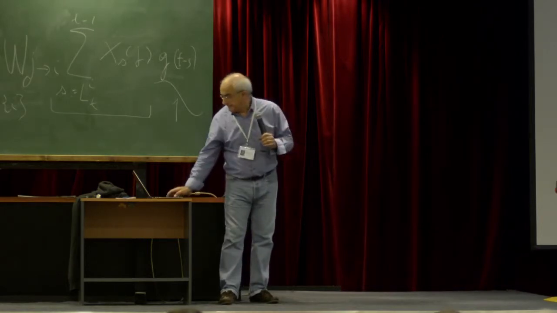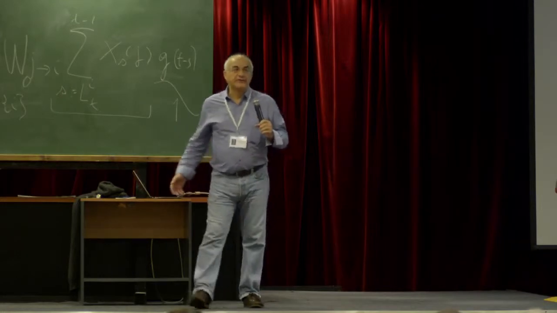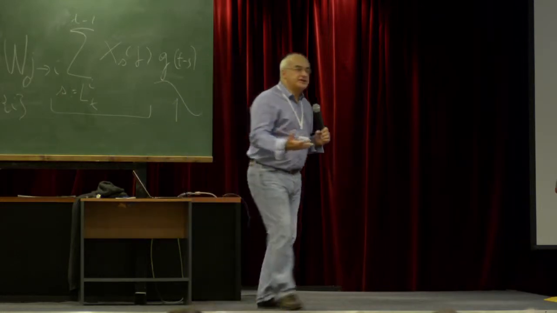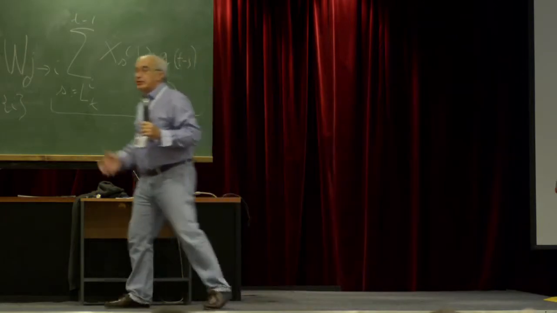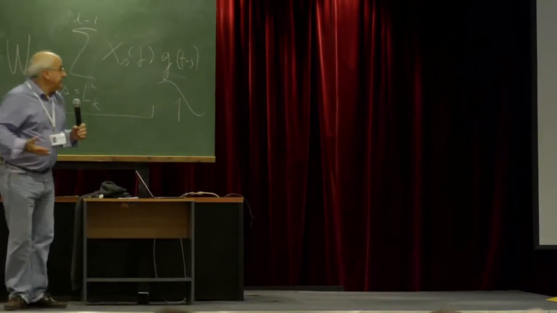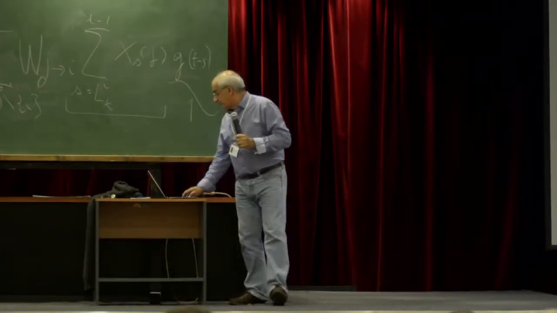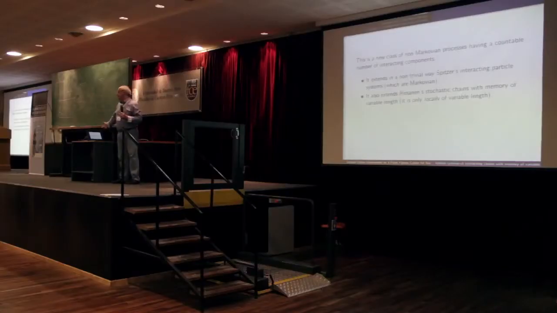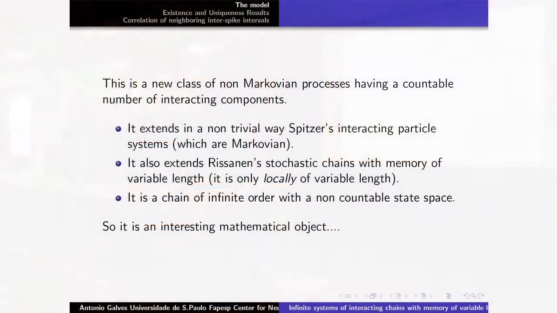This is not Markovian. And it also extends the class of stochastic chains with memory of variable length introduced by Jean-Marie, and extends it generally, because these models are only locally of variable length. So you have all the interactions, which means that you are obliged to go back to minus infinity to decide about the next step.